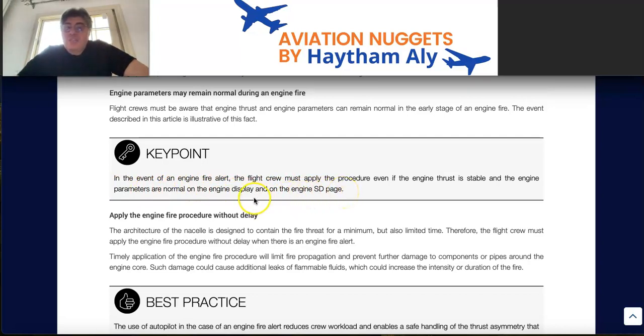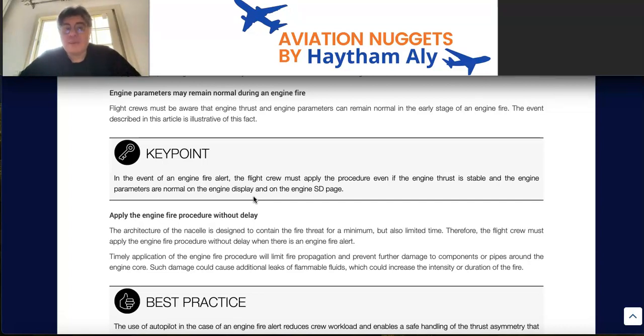You know that the engine parameter indications come up on the upper ECAM and lower ECAM. On the upper ECAM, we have the primary engine indication parameters, like EPR, N1, N2, EGT, fuel flow. These are the primary engine parameters, main control parameters, main thrust indication parameters.